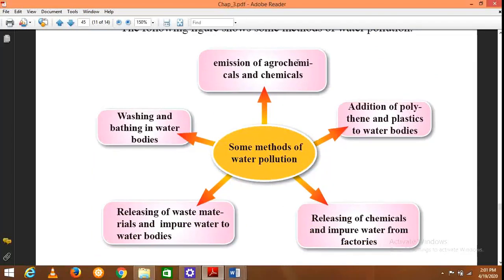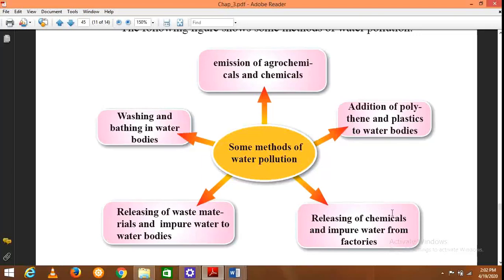During agriculture they use so many chemical substances like fertilizers, weedicides, pesticides. So many chemicals are used. These chemicals are added into water bodies. The agricultural lands are washed off during rain, and they are directly added into natural water bodies. Then addition of polythene and plastics to water bodies. That is a common incident in our country.